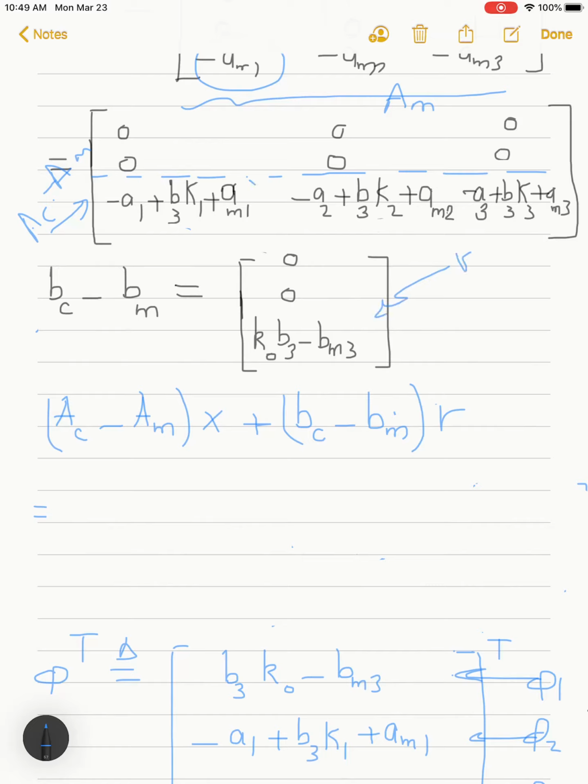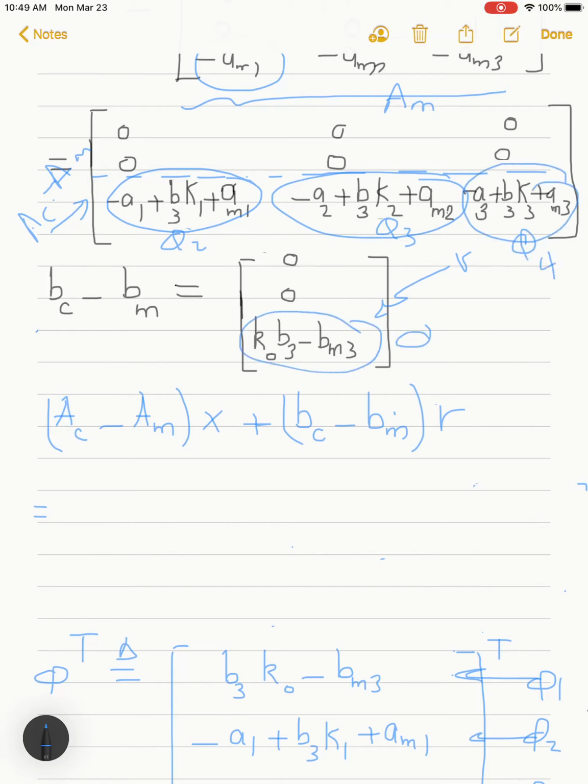I'm going to call the first element here phi 2, second element phi 3, and third element phi 4, while this is phi 1.